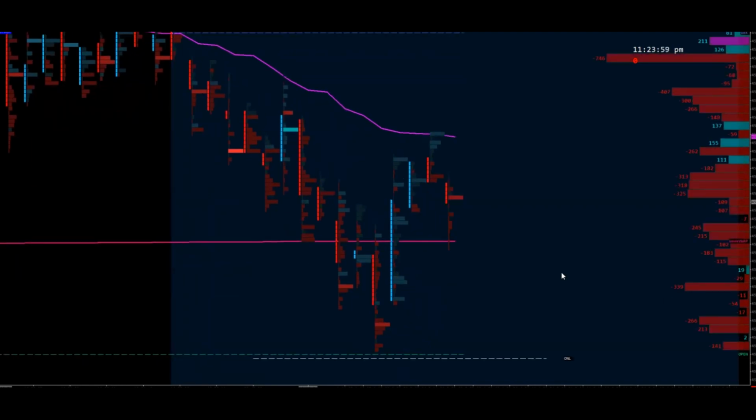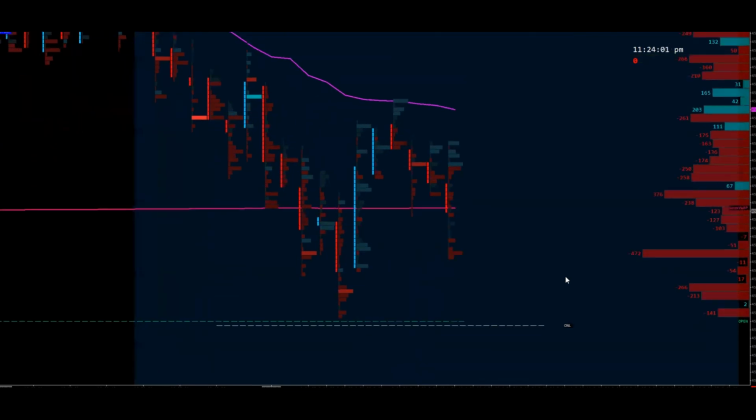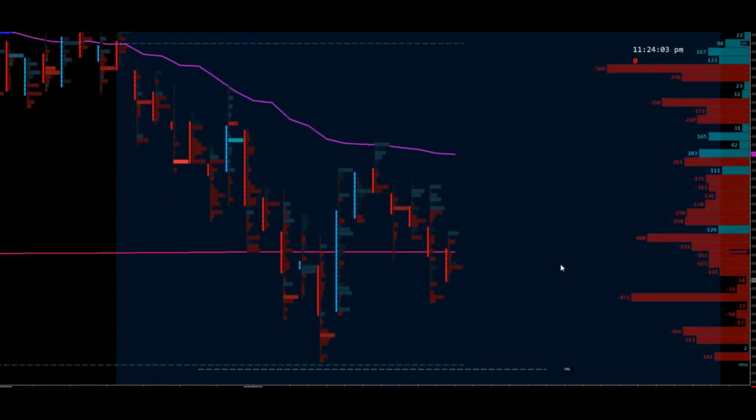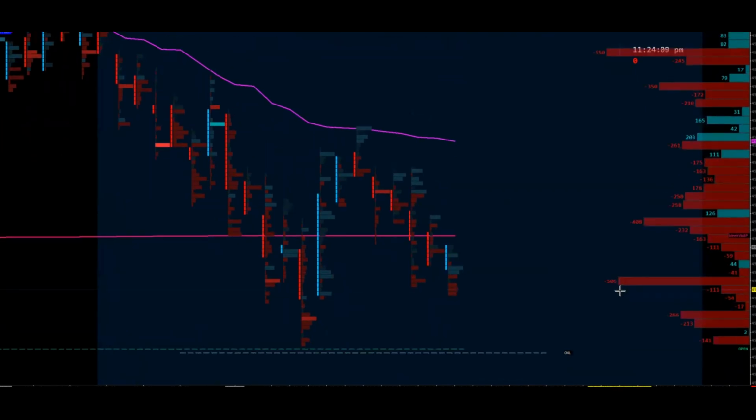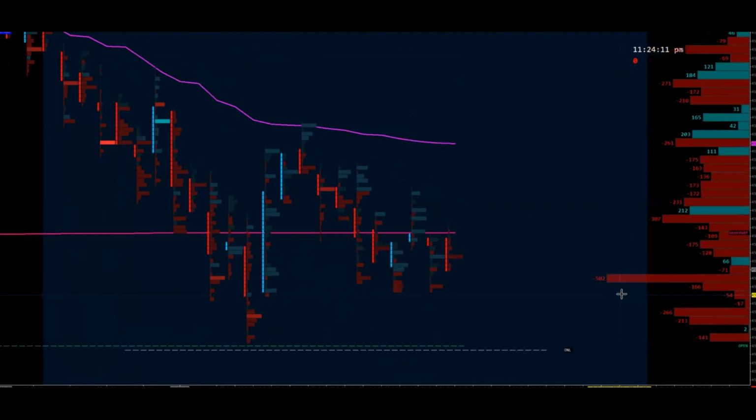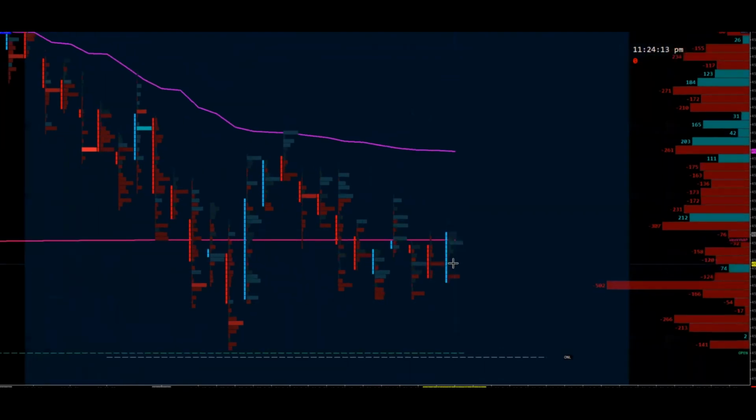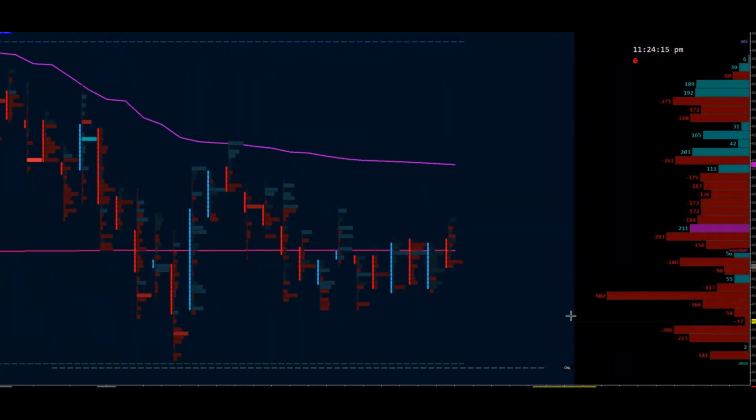And so as this grows, we'll start to see that sell delta down in this range, the lows, begin to grow. So as price lingers in this channel down here, we begin to see that we have 500 more sellers at this level, 166 more.